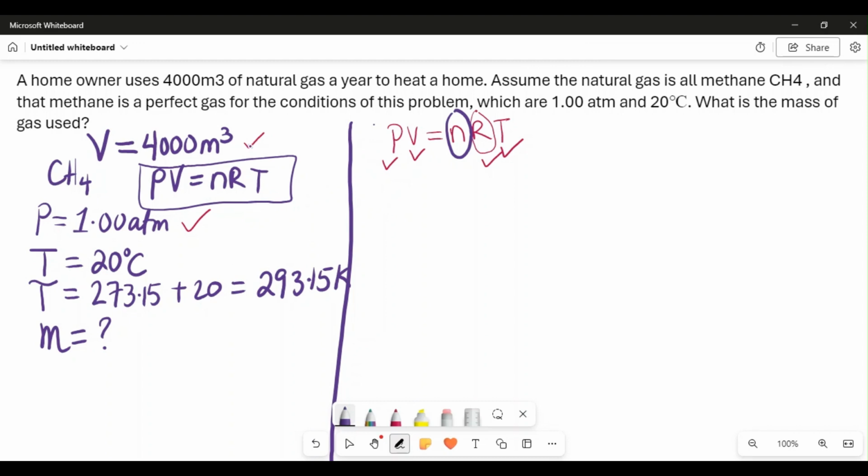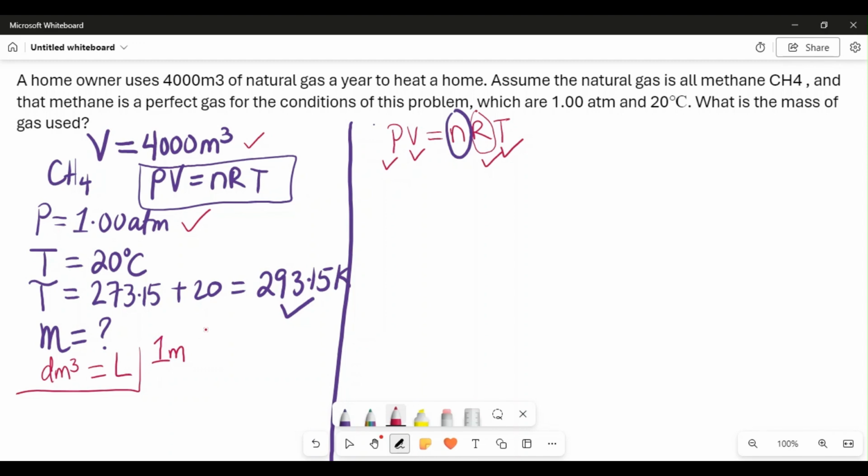So we have to make sure that all our units are proper. We have the temperature and the atm proper, but we don't have the volume in the proper units, because we want to solve this in dm cubed or in liters. Note that dm cubed and liters are basically the same thing.